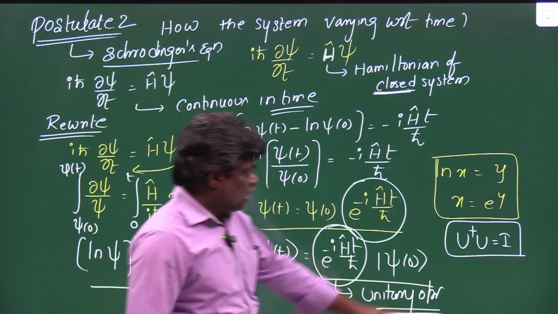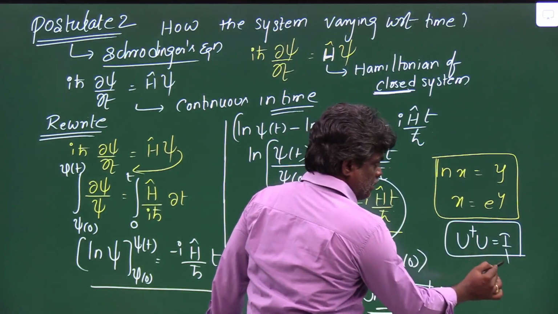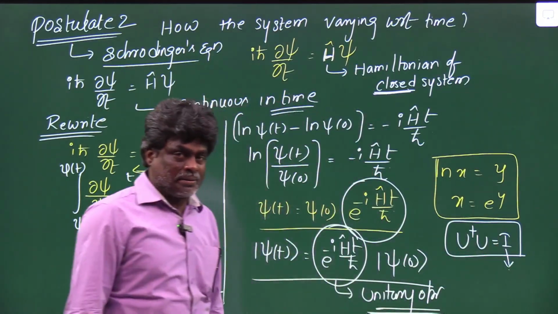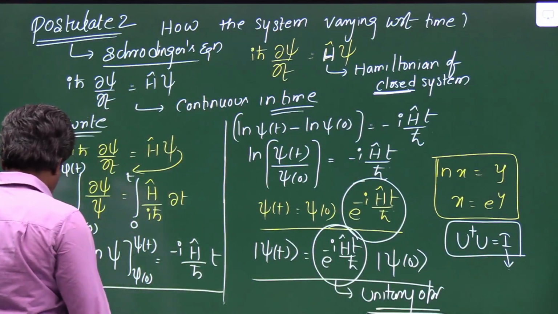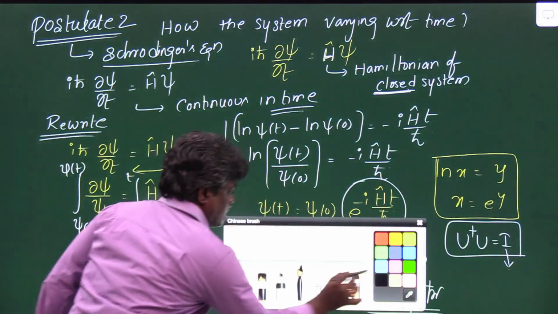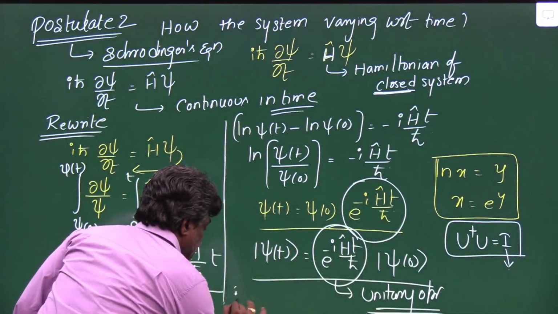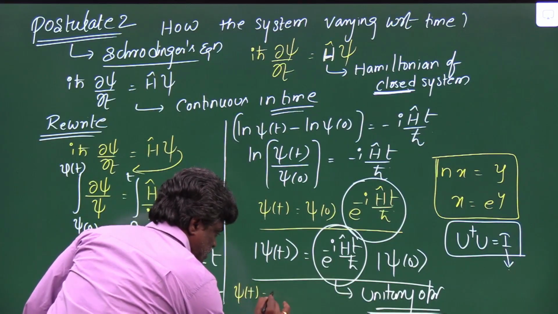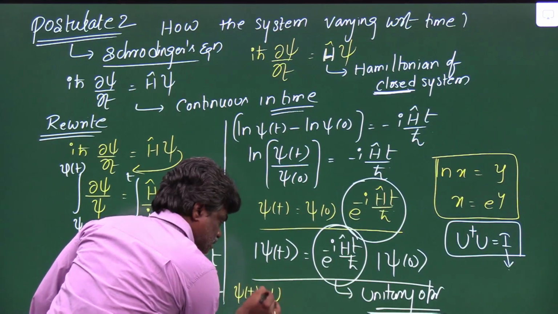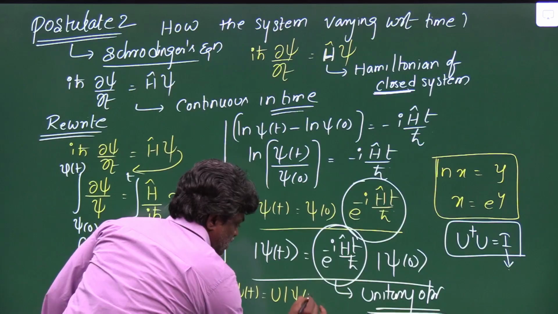I means nothing but identity matrix. So finally what they are saying is psi of t equal to, this is a U of t, or simply U operates on psi 0.